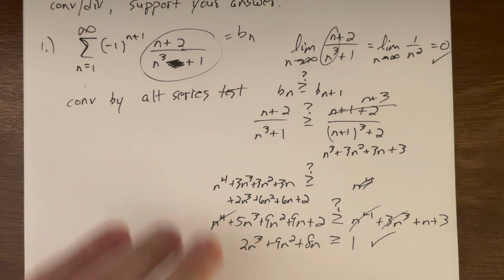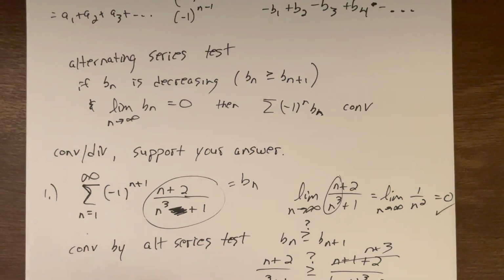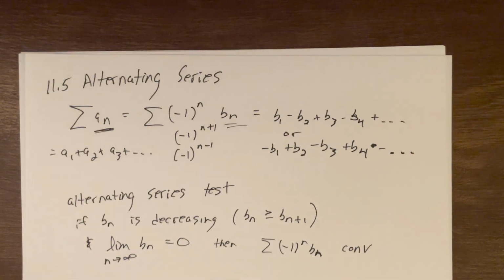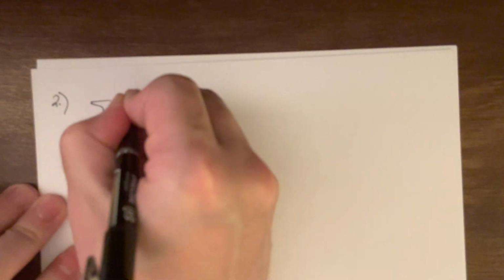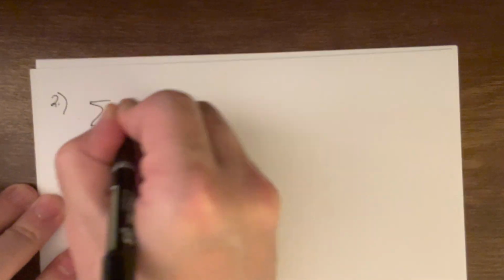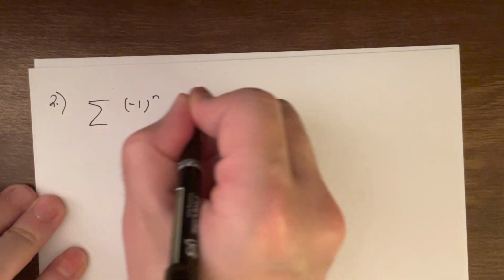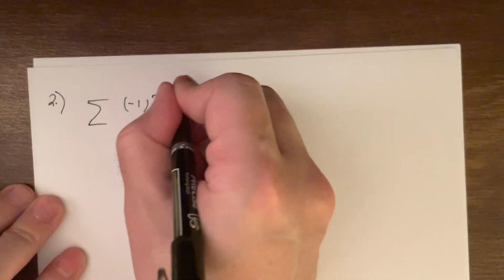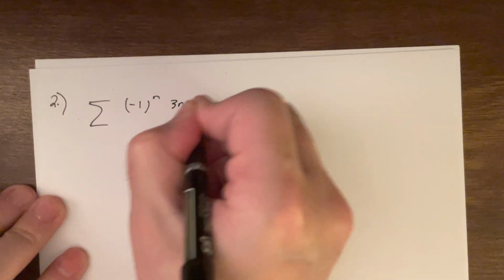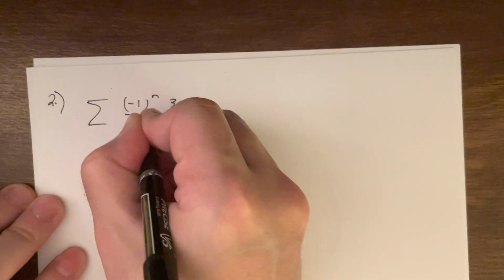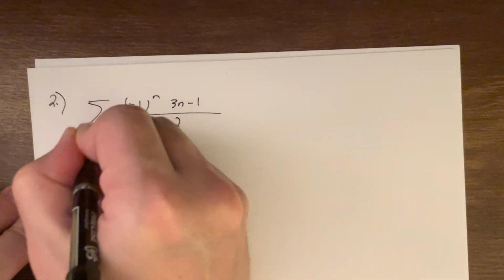Okay, now let's take a peek at number 2. Again, still sticking with converge or diverge. And now when I look at problem number 2, (-1)^n times (3n minus 1) all over (5n plus 2).